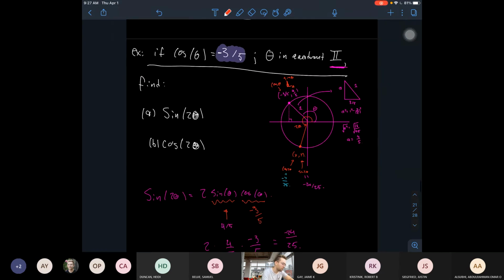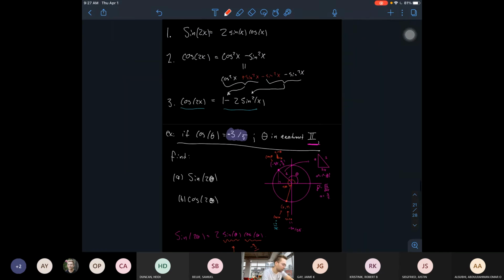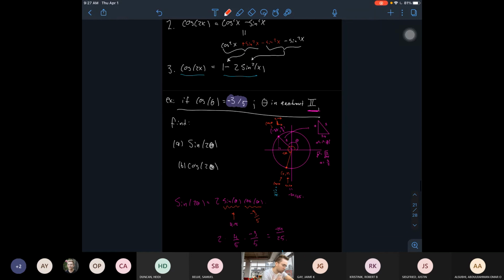Okay, so this is the power of the double angle formulas. It tells you something more about another point on the unit circle which you really know nothing about, based on some other point which you do know some things about. I think that's as concisely as I can put it.